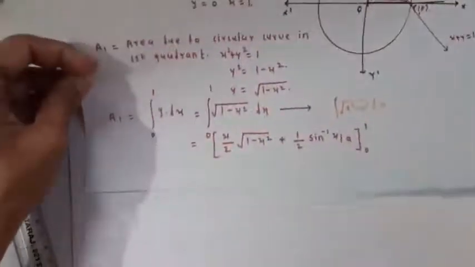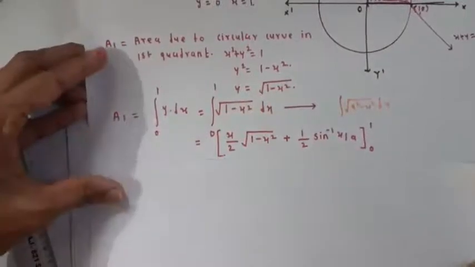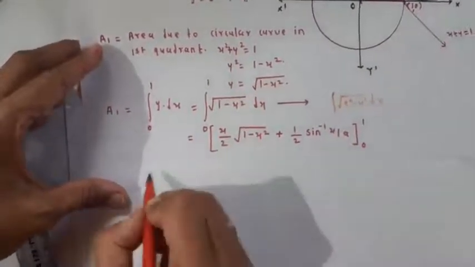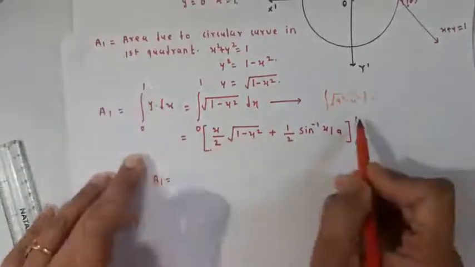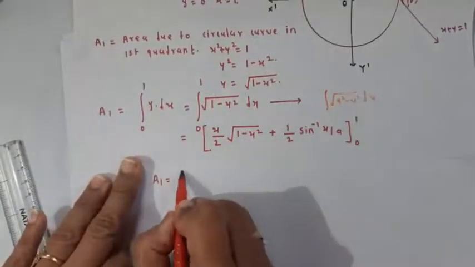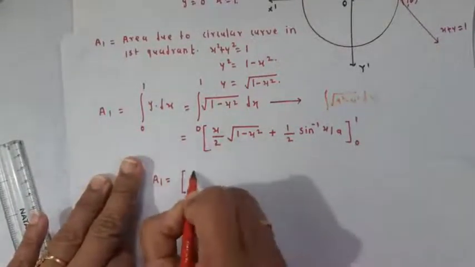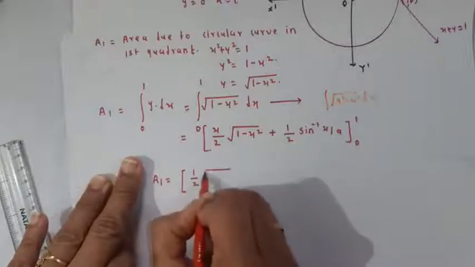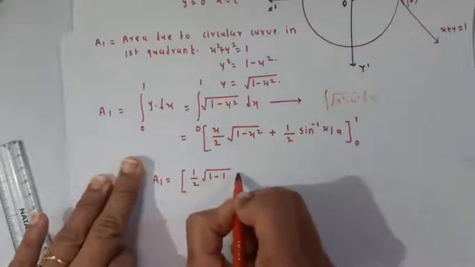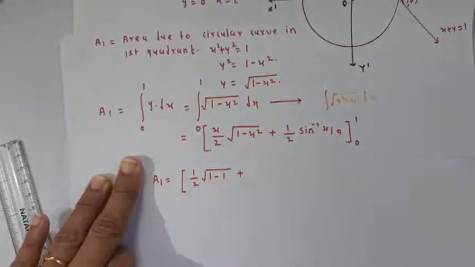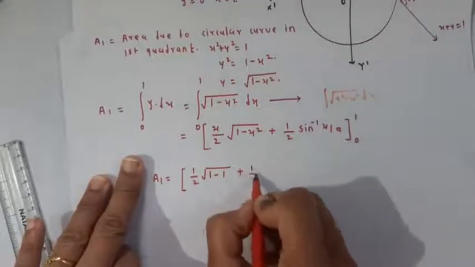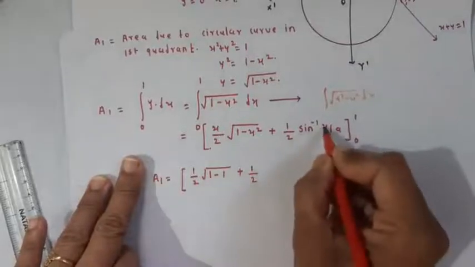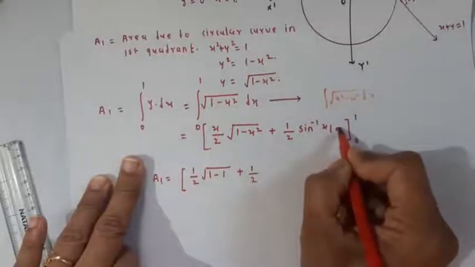Now let us find out the area A1. Let us put the upper limit and lower limit. Upper limit is 1, the first term is 1 by 2 x square root of 1 minus x squared, which gives 0, plus 1 by 2 sine inverse of x by a, where the value of a is 1 here.